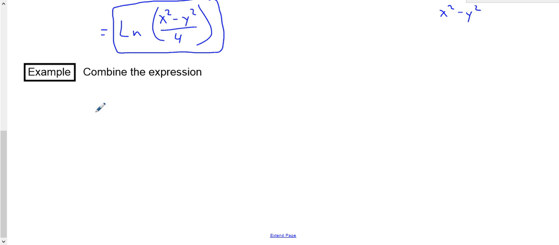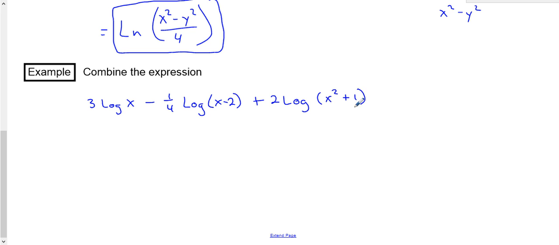Okay, so let's look at a third example. And I have 3 log of x minus 1/4 log of x minus 2 plus 2 log of x squared plus 1. Okay, so I'm going to take care of the exponents first.